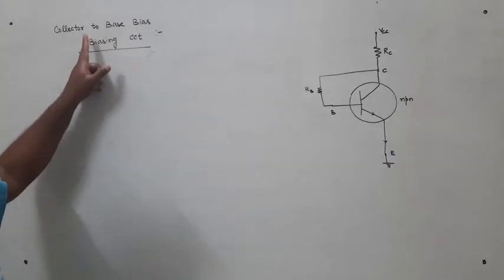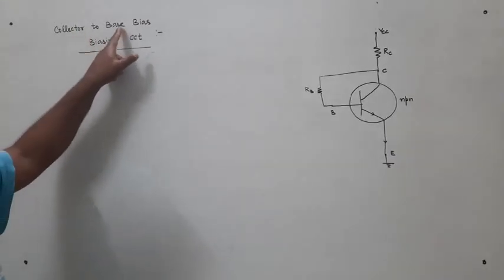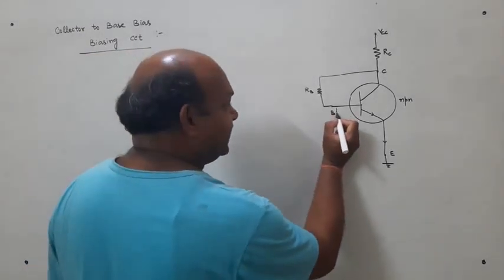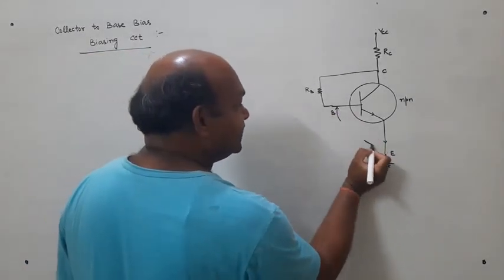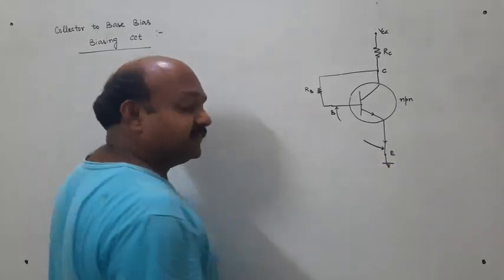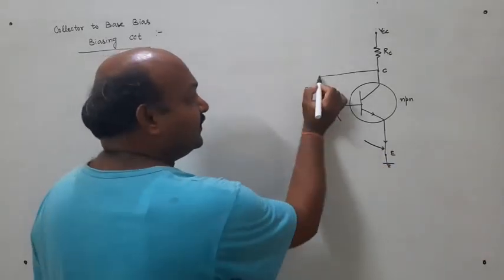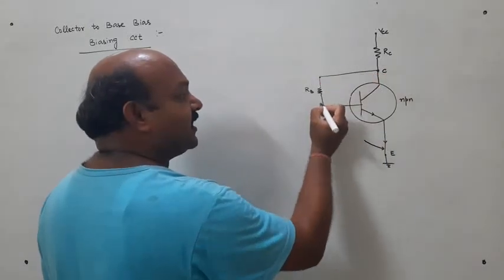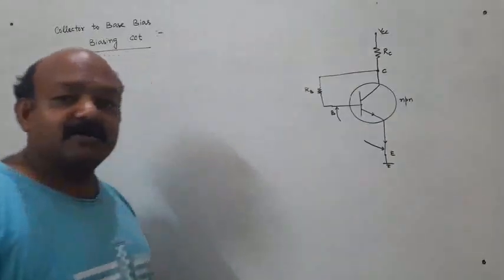So the name of the circuit is collector to base bias. The base emitter junction is biased with the help of giving a feedback from the collector towards the base.